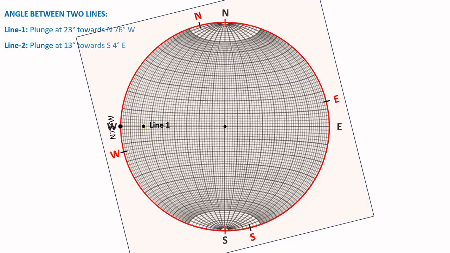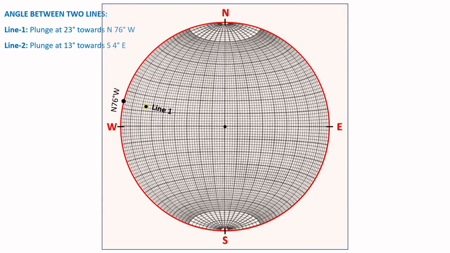Next, let us plot line 2. The trend is south 4 degrees east and the plunge is 13 degrees. From the south direction, count 4 degrees towards the east and mark this point on the primitive circle.